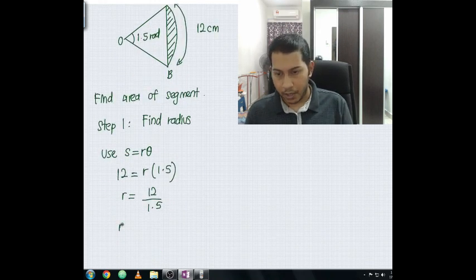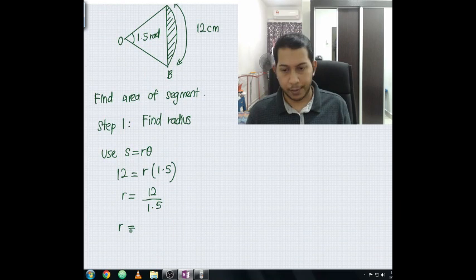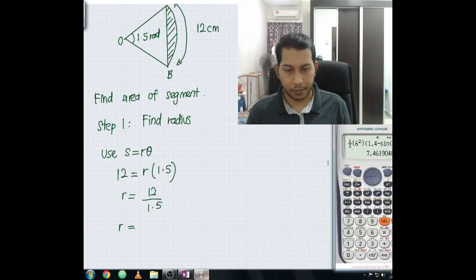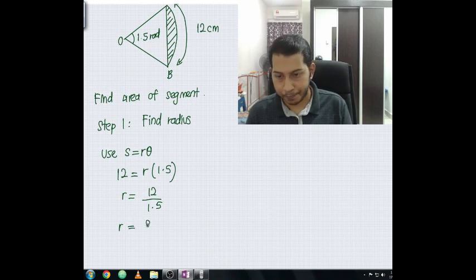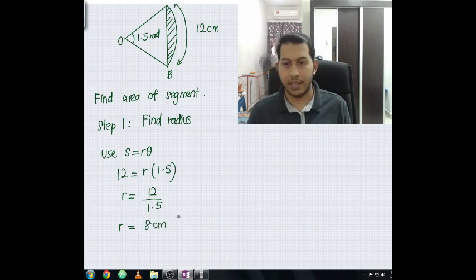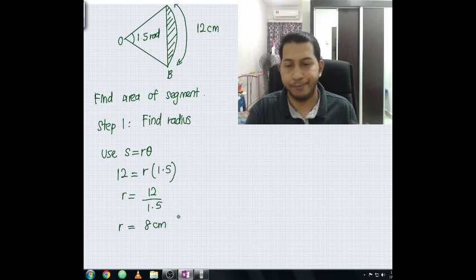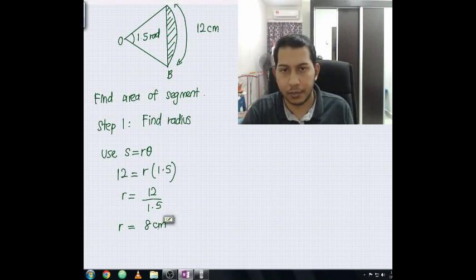So you calculate this, you should get your radius is 8 centimeter. So that is your step 1. Let me underline this.